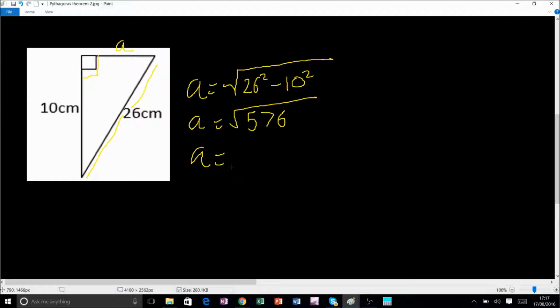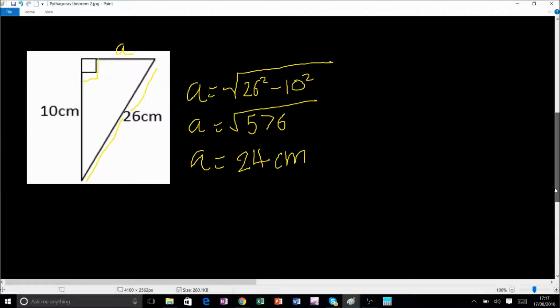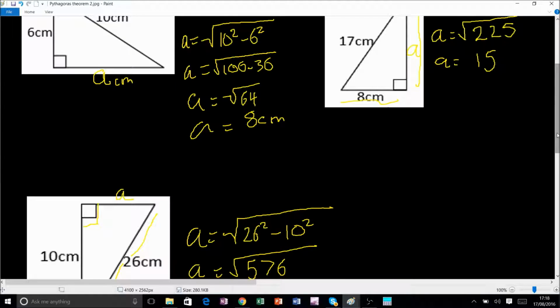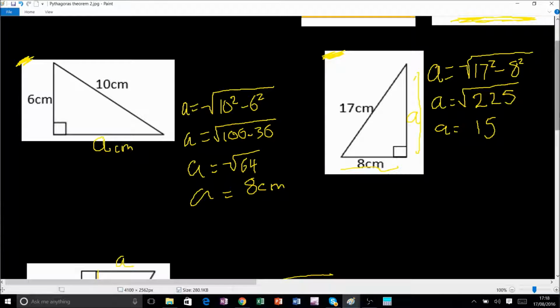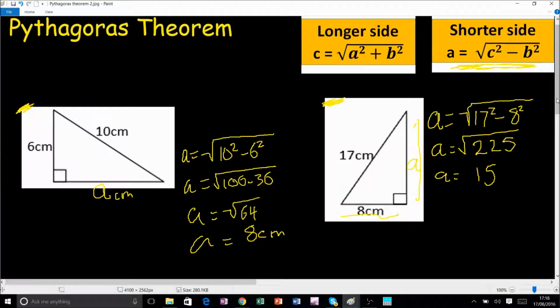So A is the square root of 576, which is 24. And don't forget our units are in centimeters. Beautiful.